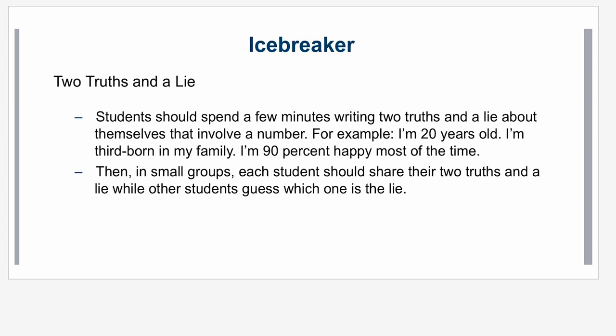The example is: I'm 20 years old, third born in my family, I'm 90% happy most of the time. Specifically, this icebreaker requires you to use numbers. So each of your truths and your lie have to have numbers in it, and the idea is to see what the lie is.